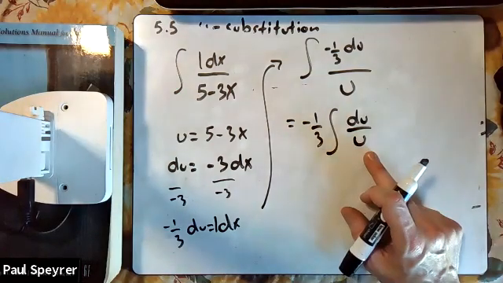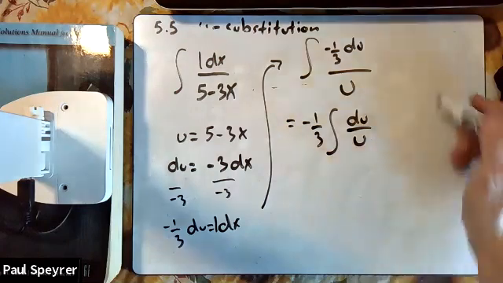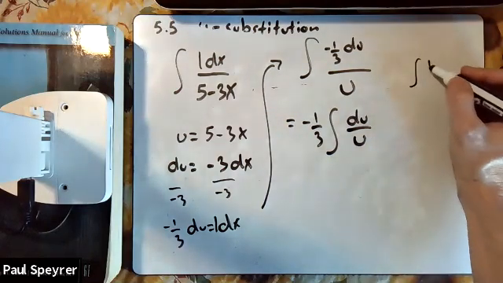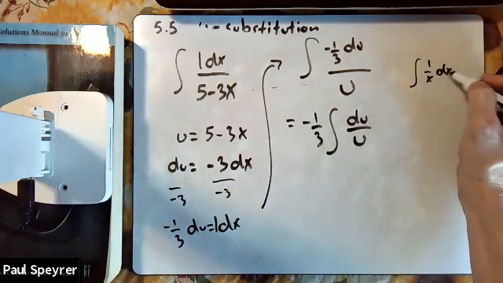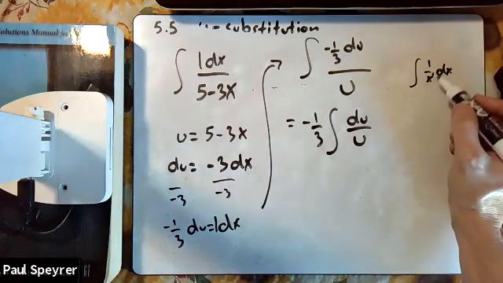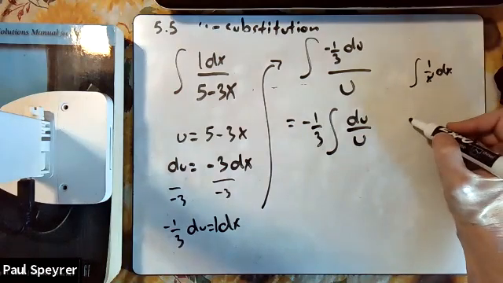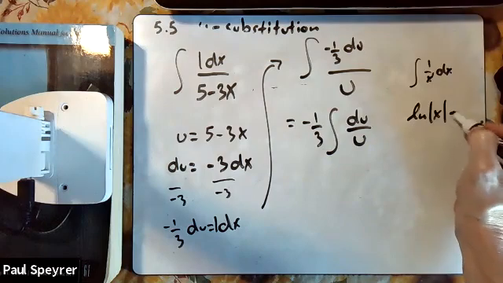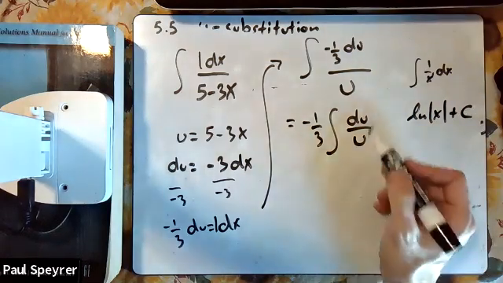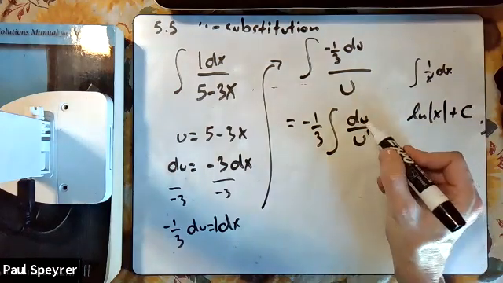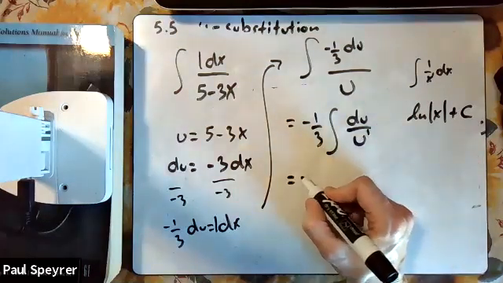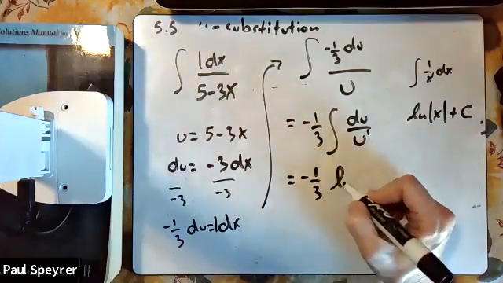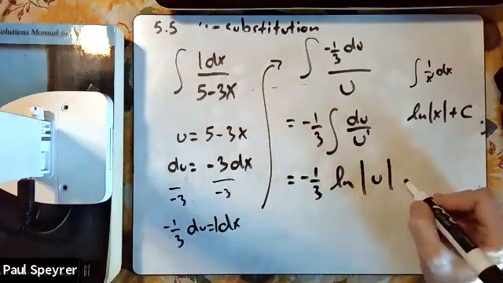Now, what is the antiderivative of du over u? Remember, if we had the antiderivative of 1 over x dx, to the first power, it was one of those unique cases. That's just the natural log of the absolute value of x plus c. So this is the same concept: you have du over u to the first. So that would be -1/3 ln of the absolute value of u plus c.